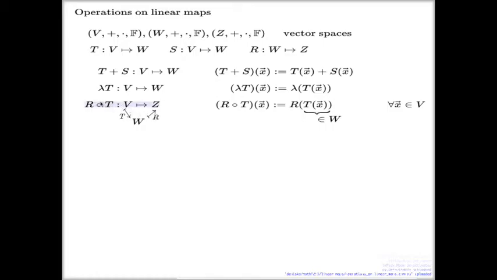In the current setting, R circle T makes perfect sense, but if you try to make sense out of writing T circle R, this no longer makes any sense, because R goes into Z and T has no action on Z. T acts on V. So composition is one of those examples of operations on objects which is not commutative, where you're not allowed to swap the terms around freely.